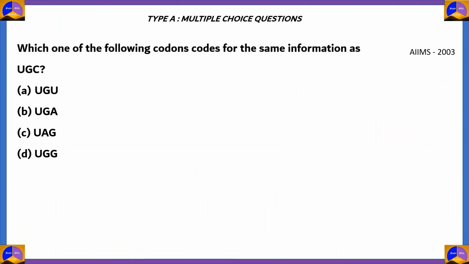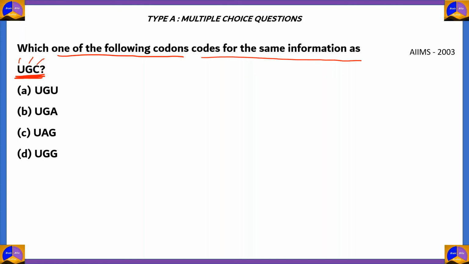Let's move on to our final question. Which one of the following codons codes for the same information as the codon UGC? Uracil, guanine, cytosine. So now, how do you check out what is the information which UGC codes for?